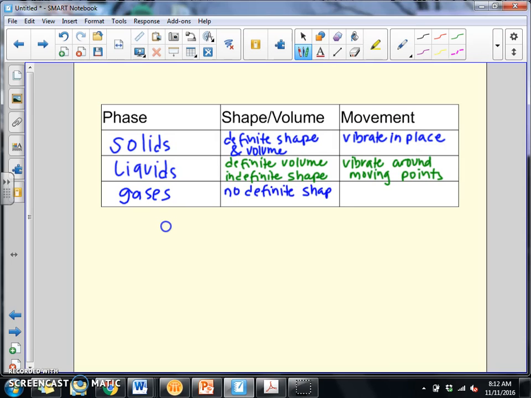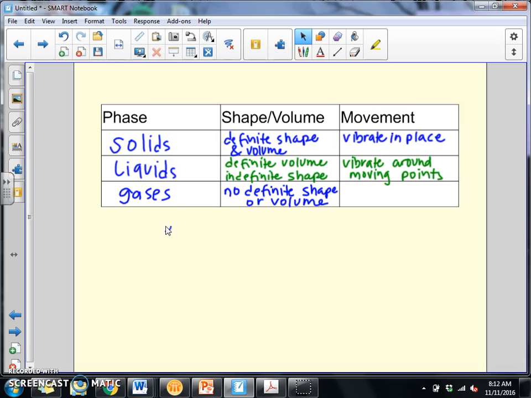Now, I know that you have smelled somebody before you've seen them, right? If somebody puts on way too much cologne in the back of the classroom, it does not take long for someone in the front of the classroom to be able to smell it. And that's because gases expand and fill up the area around them.